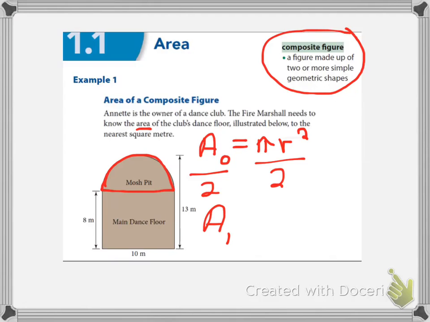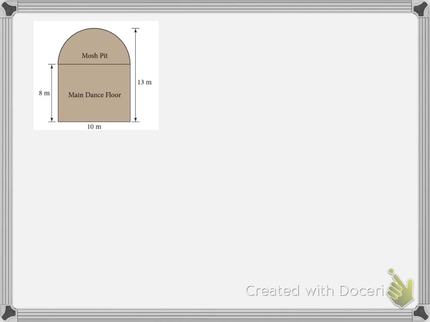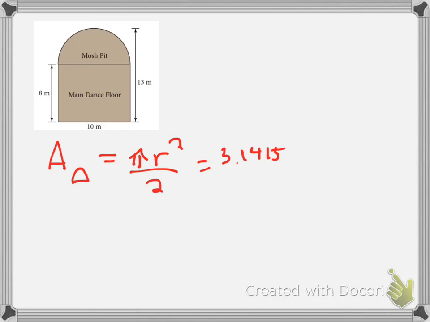Area of a rectangle is length times width. So we can do those calculations over here. Area of the semicircle is pi r squared divided by 2, 3.14159. R squared means you're going to take the radius, which is halfway through this imaginary circle.